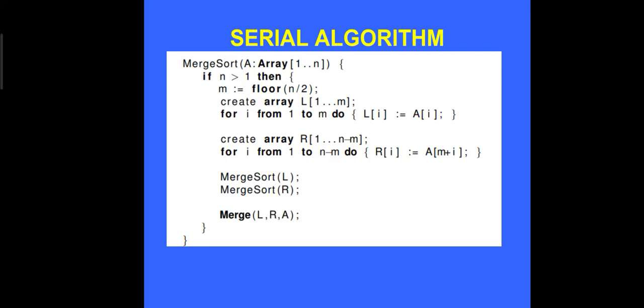We create an array L of the elements before m, the left elements, and R, the elements after m, the right elements. We do merge sort over the left elements, then again over the right elements. Once completed, we merge the left and right elements.